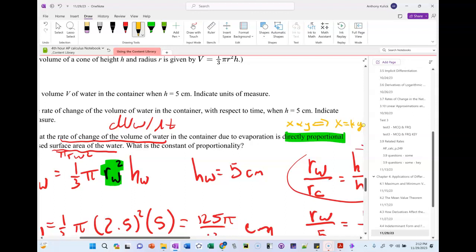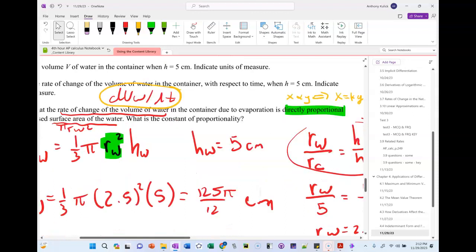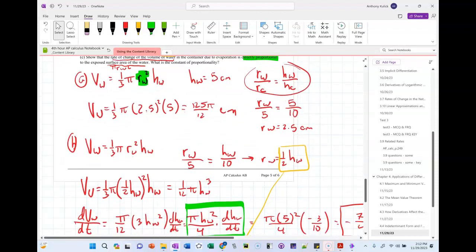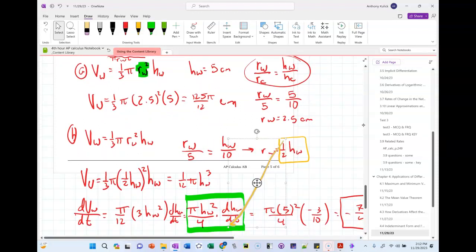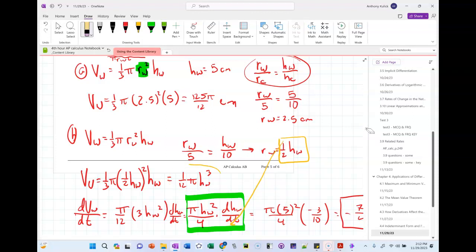So what I did is I took my equation for dV/dt that we had calculated in part B. That is this right here. Okay. That's my dV/dt.